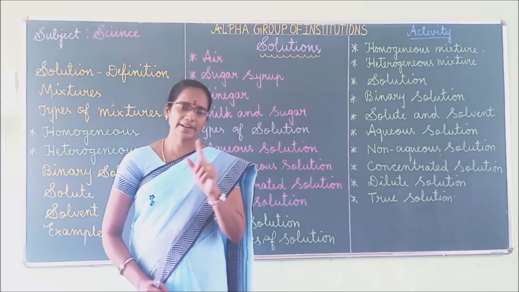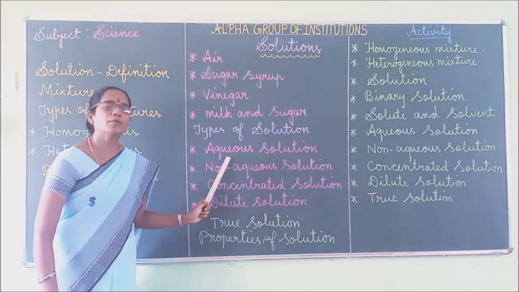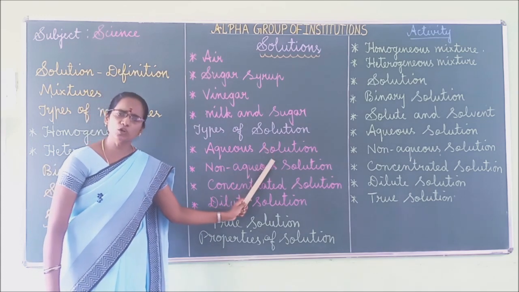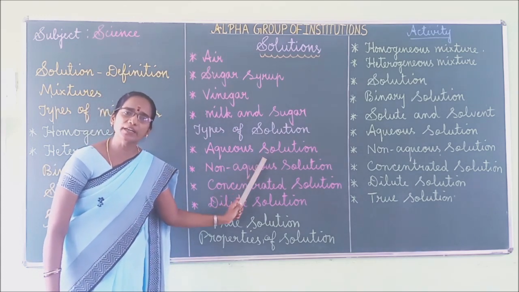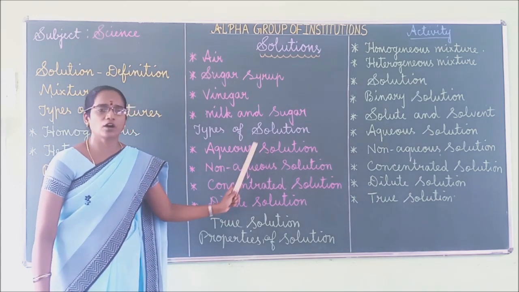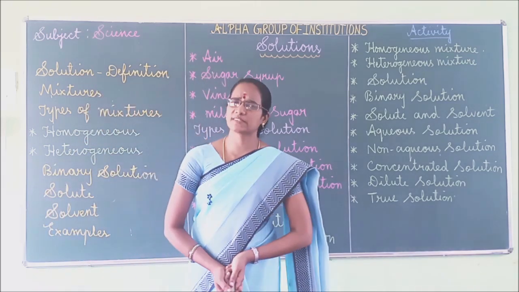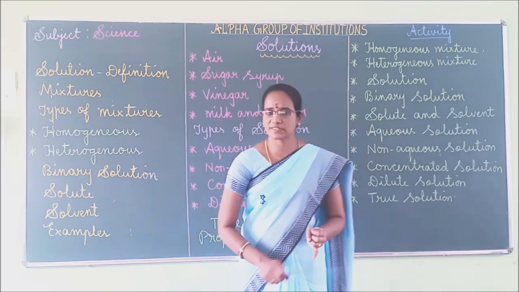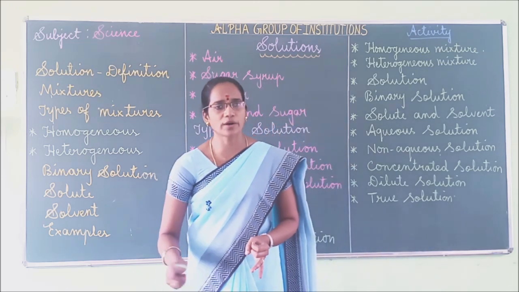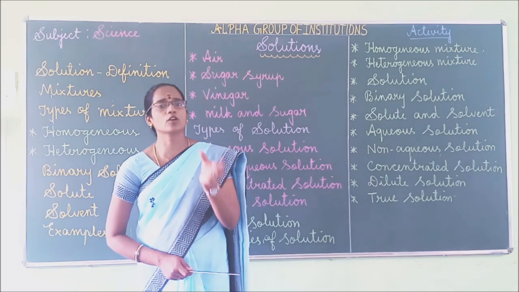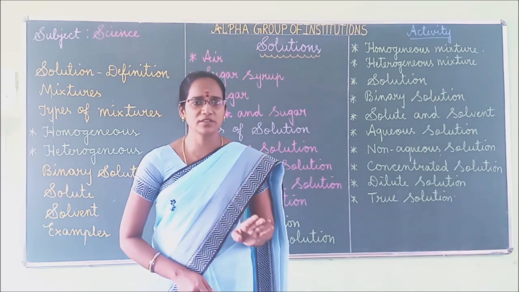Got it, children? Right. So first let us discuss aqueous solution. Aqueous solution means the solution in which water acts as a solvent. Common examples are common salt in water, sugar in water, copper sulphate in water. All these things dissolve in water, you know very well, isn't it?